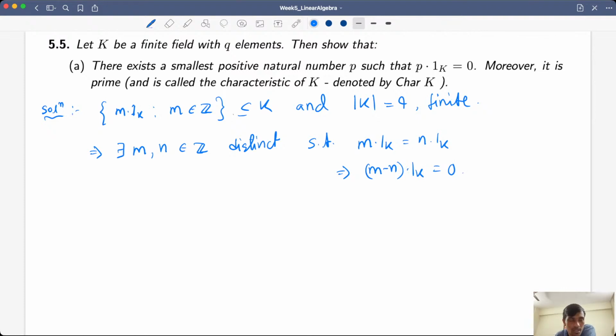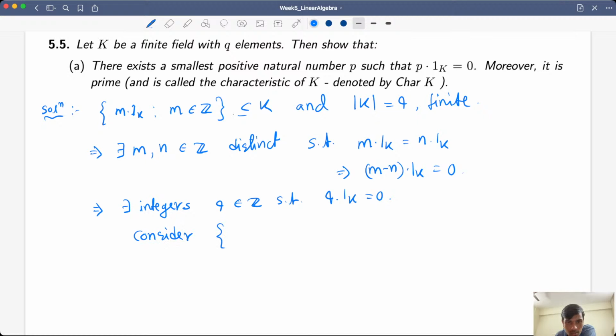So in particular I can say that there exist integers, say q, such that q·1_K equal to 0.